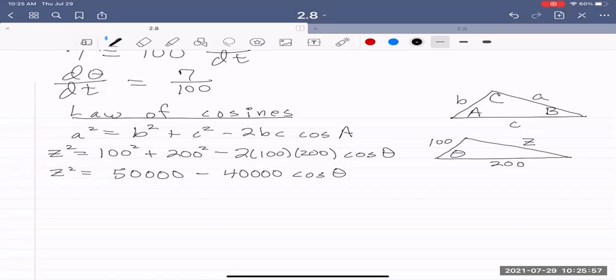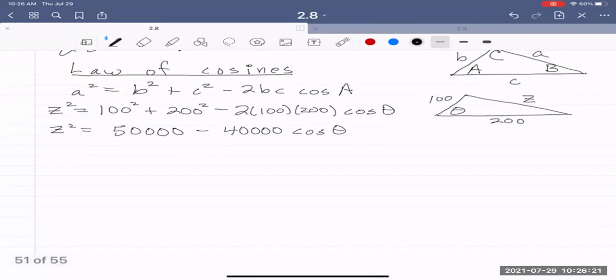I could proceed like I did previously, as if I didn't know where I need to land, but I know that I'm going to need a sine. So let me try to figure that out. I want to figure out when z is 200, what's theta? What's sine of theta?